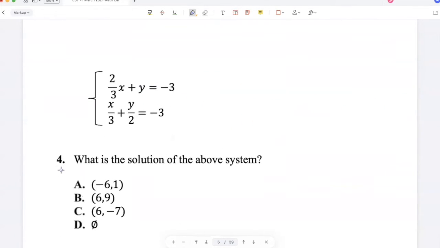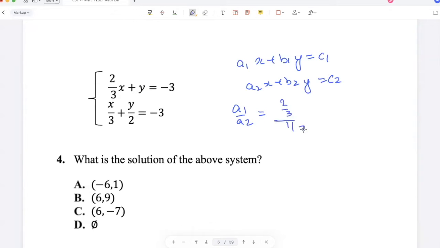What is the solution to the above system? Okay, so let's first find if we have a solution. When we have a1x plus b1y is c1 and a2x plus b2y is c2, we find a1 by a2. So that's 2 by 3 by 1 by 3, so that's 2.